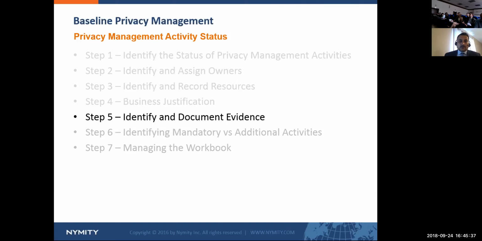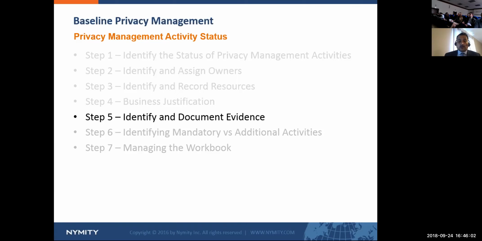So moving along, so after business justification, probably one of the most important is identify and document evidence. As you're putting together and structuring your privacy program, identifying status, assigning owners, recording resources, business justification is the ability to identify and document evidence so that you may be able to demonstrate compliance and accountability on demand.